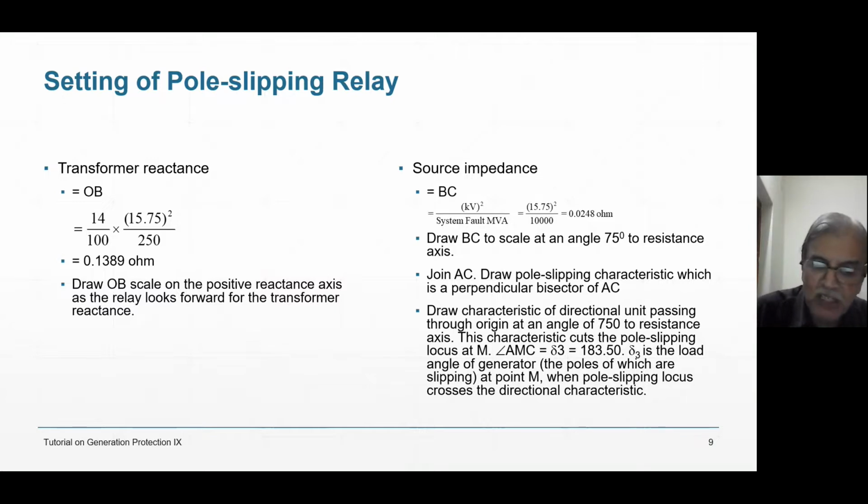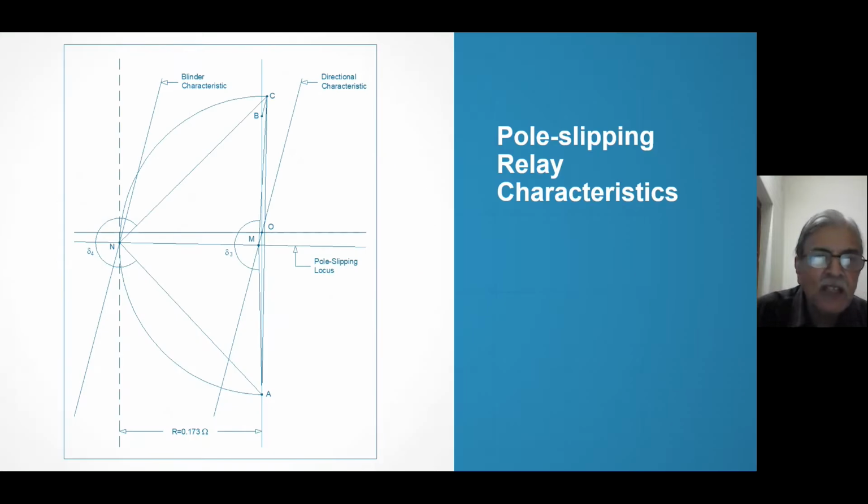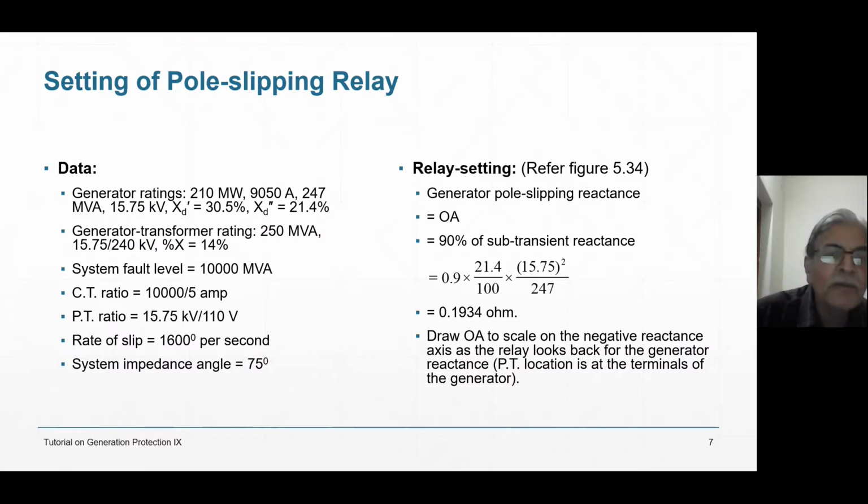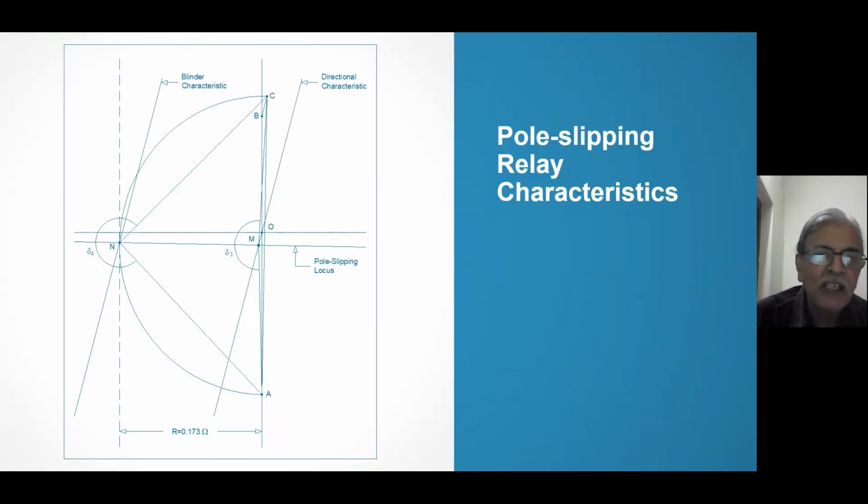So delta 3, if you see, I show once again. Delta 3 is AMC. AMC is a little more than 180 degrees, when the pole slipping locus is crossing the directional.